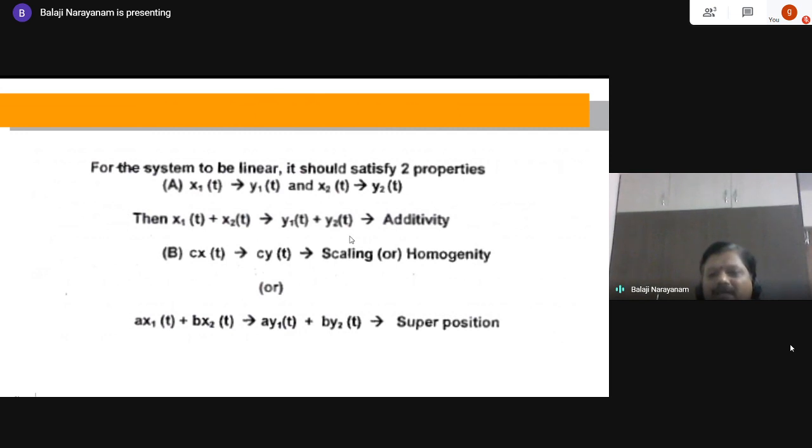So how do I combine them? x1 of t plus x2 of t is additivity, and homogeneity is multiplying or scaling with a constant.